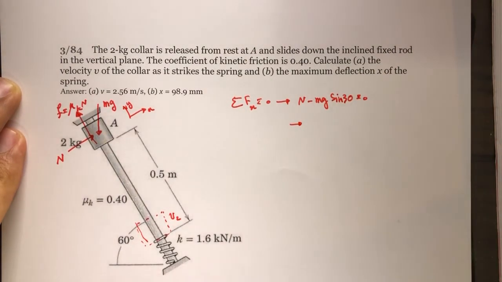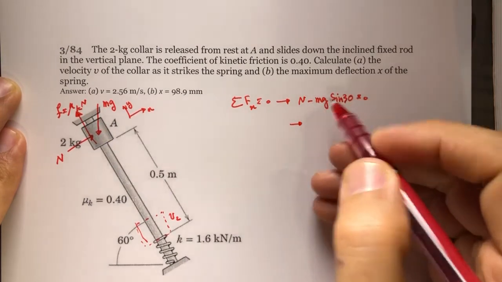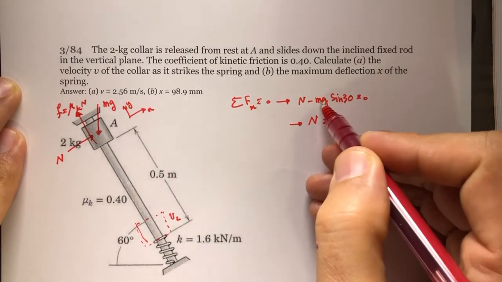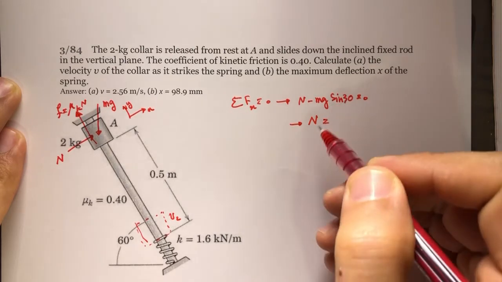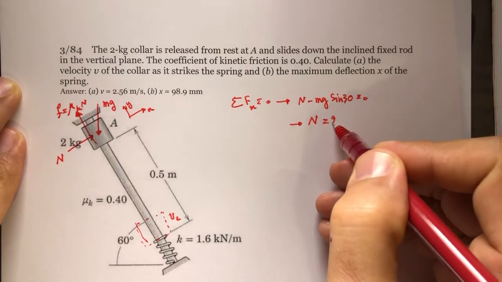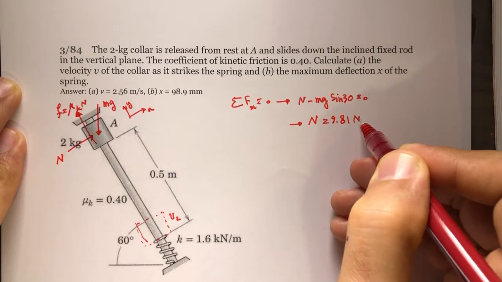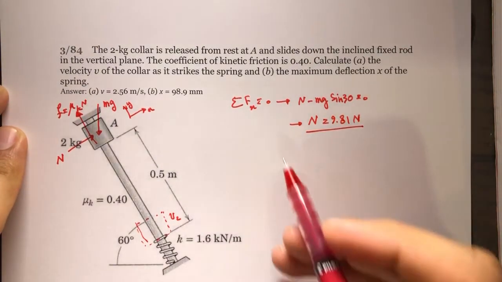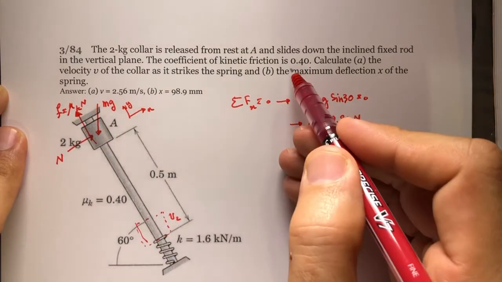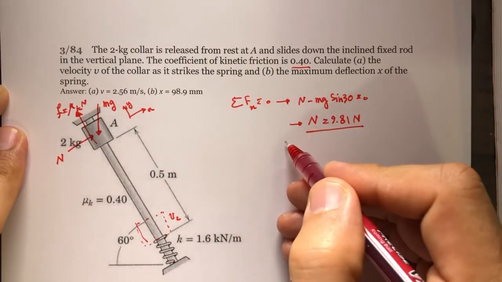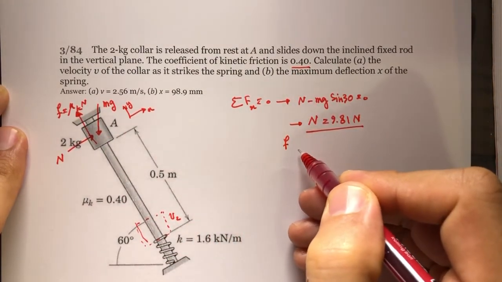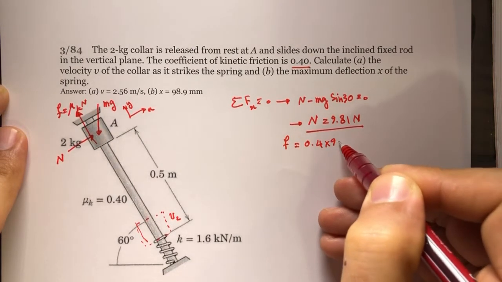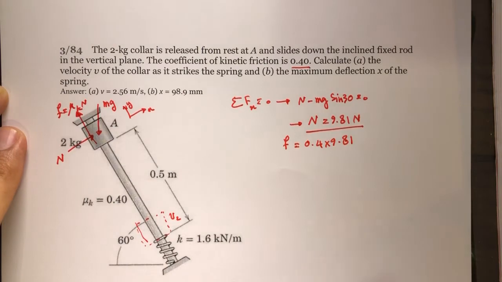And m is equal to 2. So if you put the numbers in, N is going to be 2 times g times 1/2, which is g, or 9.81 Newton. That's the normal force. By multiplying it by mu k, which is 0.4, we find the friction. So the friction is a constant force, equal to 0.4 times 9.81 Newton.